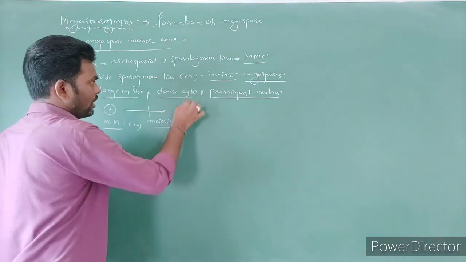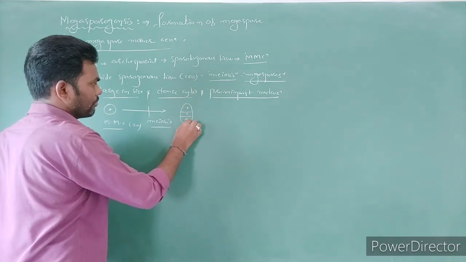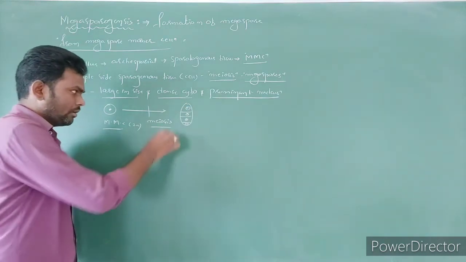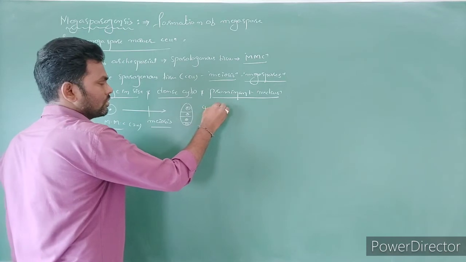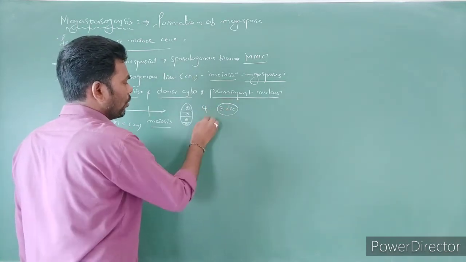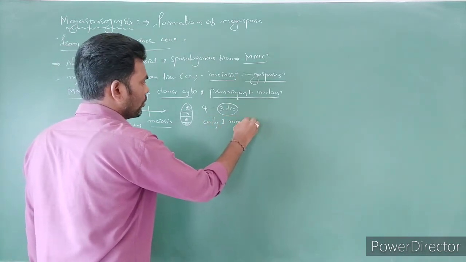These 4 linear cells are formed, and these are called megaspores. After formation of 4 megaspores, out of 4, 3 will die. Only one megaspore survives.